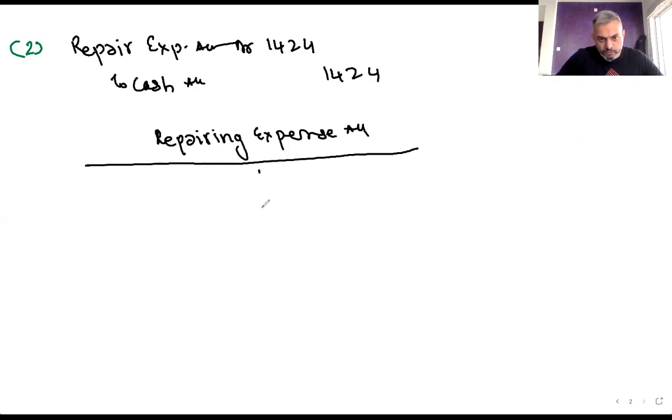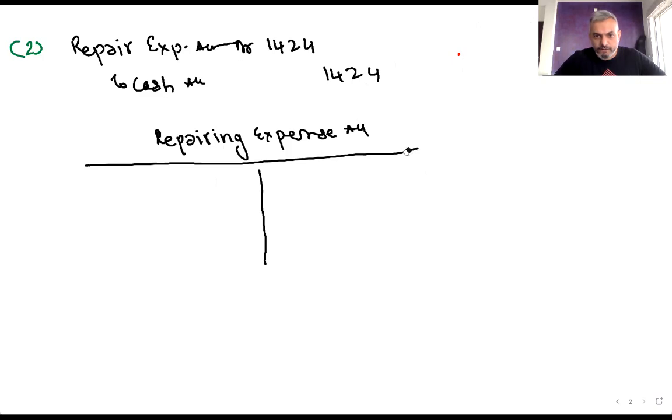All of you have to do this in rough work, okay, along with the sum. Now, what is happening over here? Repairing expense should have been debited with 1424, but in repairing expense account we did not record anything, rather we posted it in machinery account as rupees 624.